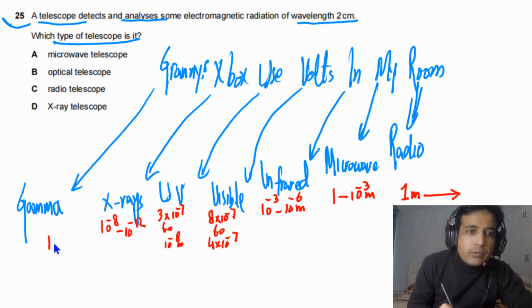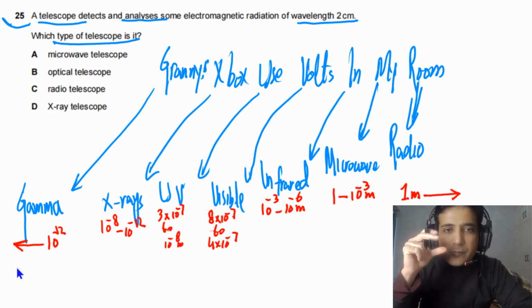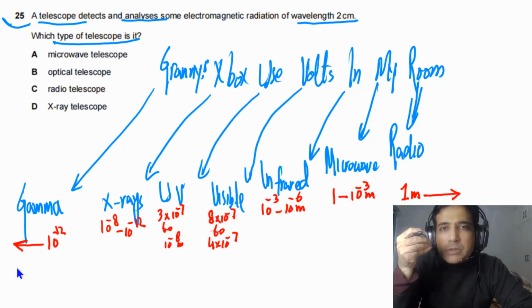And the wavelength of gamma radiations is 10 to minus 12 and smaller than that. If you understand these ranges of wavelengths, you can answer most of the questions, almost 98% of questions about the electromagnetic spectrum in past papers.